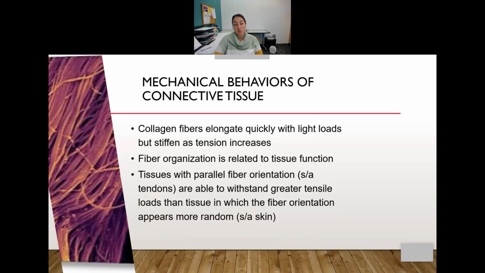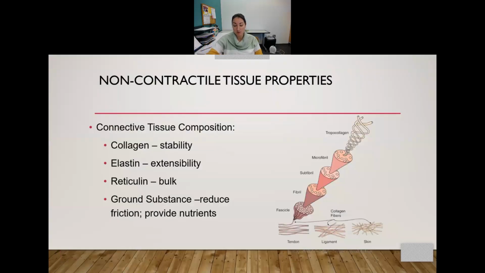If you saw in the last picture, tendon organization is the most parallel. Ligaments are kind of braided together or laid across each other, and then skin is laid at random. So skin can't take as much tension as ligaments, and ligaments can't take as much tension as tendons, based on the way that the fibers are laying.